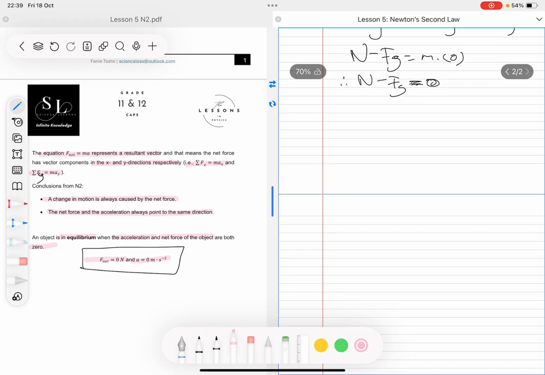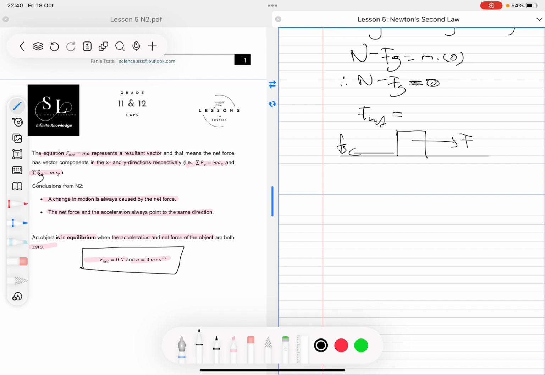So I'll just draw another diagram quickly here. I'll draw a box too. I think it's important to make this point very clear. If we have a box here and we pull this box with a force F, and there's some frictional force that the box experiences here, and the box does not move, it means this force will be a static friction force. And this means that if I'm looking for my net force, for this object not to move, these two forces must be equal.